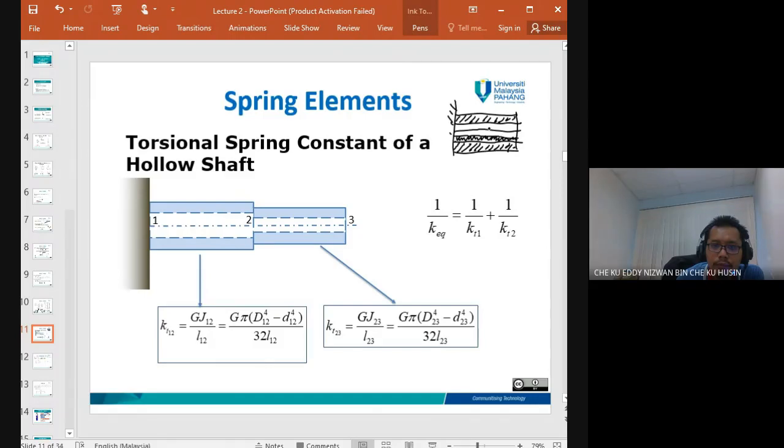Two different materials mean two different stiffnesses. So if you apply a rotational motion here, both of the shafts are directly in contact with the mass, and for this case we can consider K equivalent equal to KT1 plus KT2. So that's the difference between parallel and series.